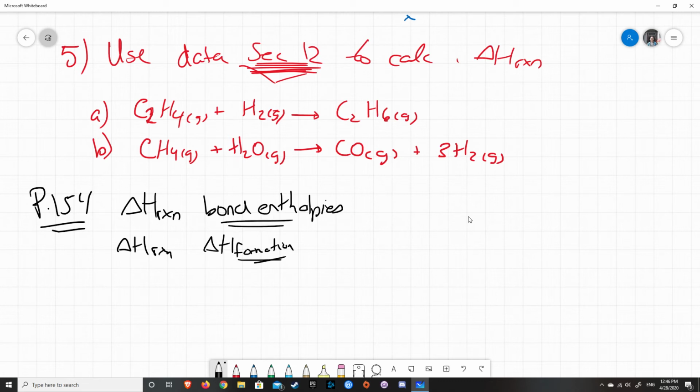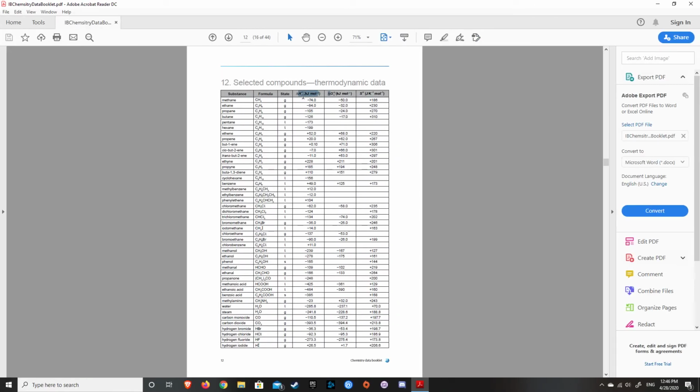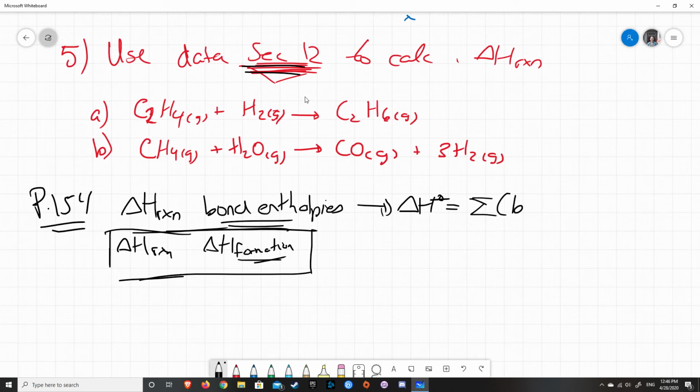And we can't confuse these two. So if we look at section 12, it's delta H of formation. This is the formula we need to use, because the bond enthalpy one, this is what we did in IGCSE. Our delta H is equal to the sum of bonds broken, because remember that was the endothermic part of the process, minus the sum of the bonds formed.